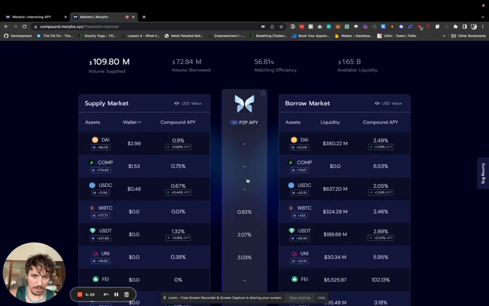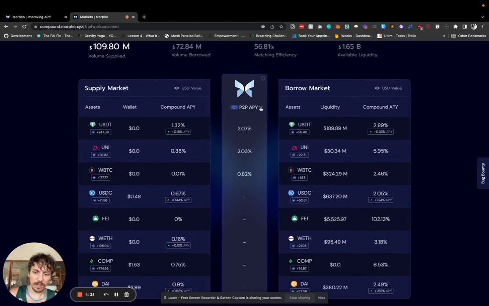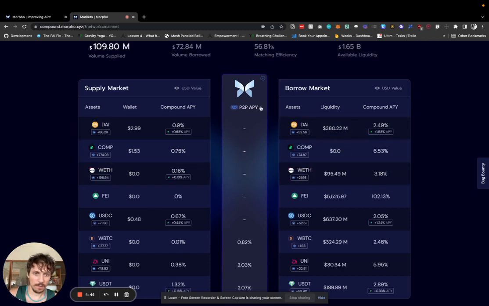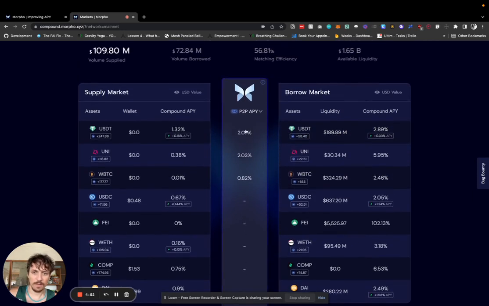And then here they've selected the ones that also earn you a P2P APY, and you can also select those here. USDT, Uni, and RAP BTC, and also you have the borrow market here. Very interesting. Okay, and these ones, yeah, that's very interesting.